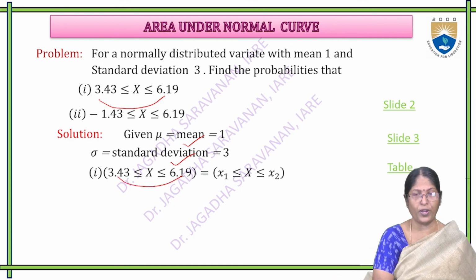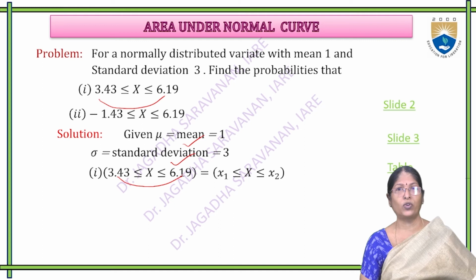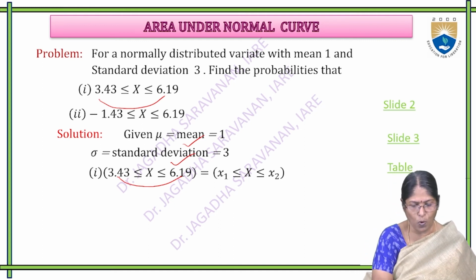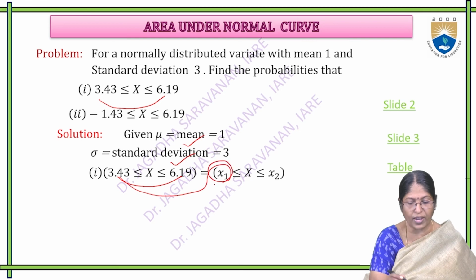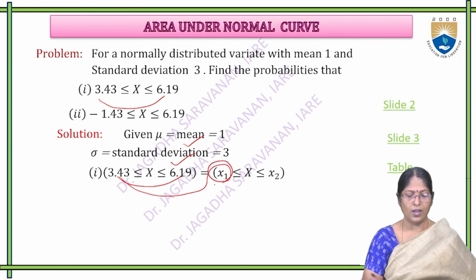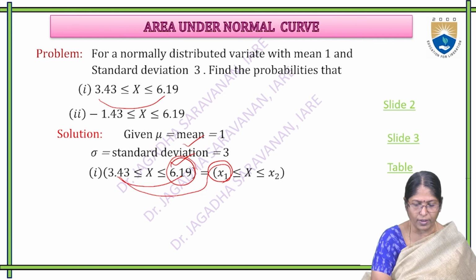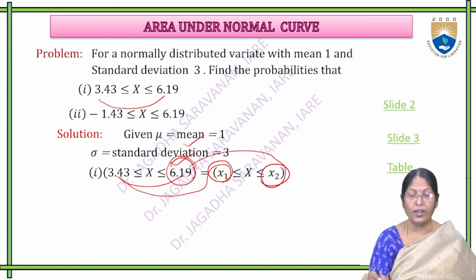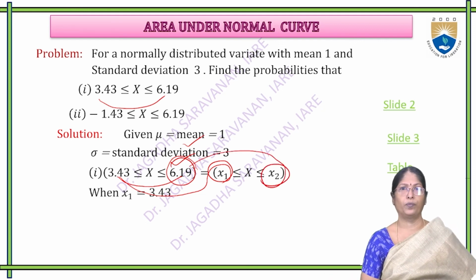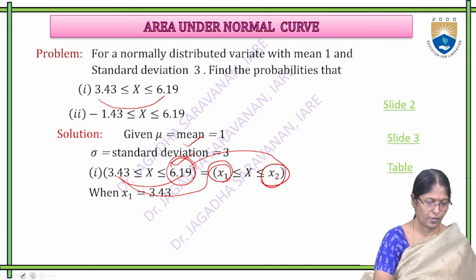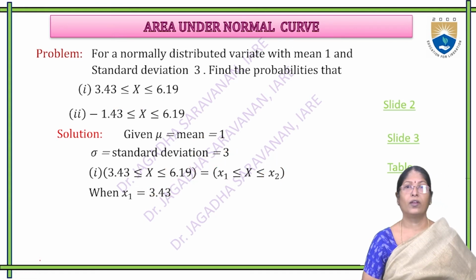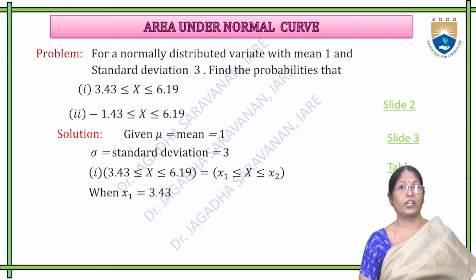X lies between 3.43 and 6.19. Our 3.43 we have given the name x1, and 6.19 we have given the name x2. So x1, 3.43, we have to convert it into z1.